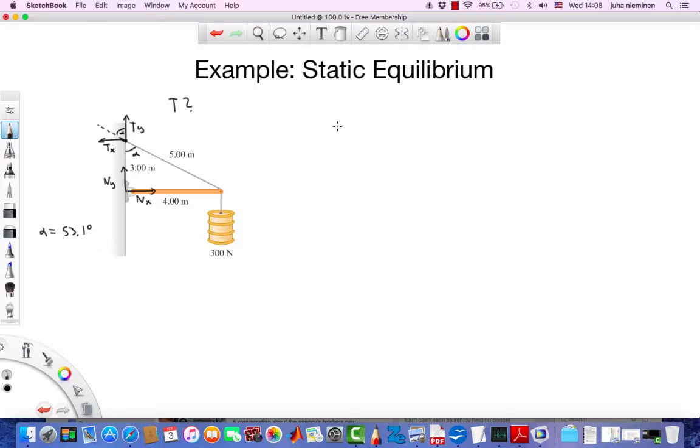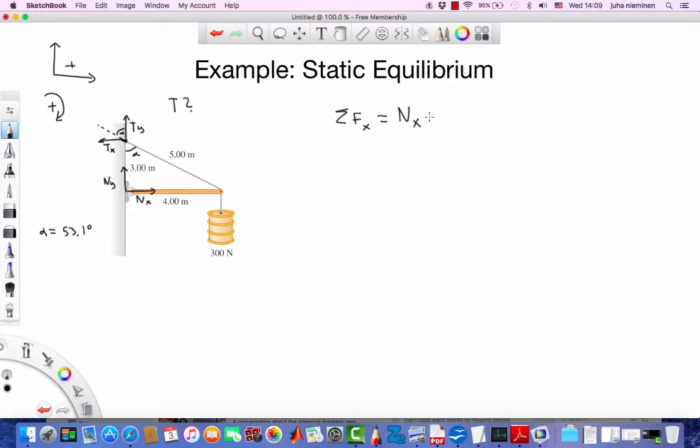Now the conditions of static equilibrium: the sum of forces in both directions must equal 0. So what do we have in the x direction? Let's make this clear. Positive directions are as follows: to the right, up, and positive torque clockwise.